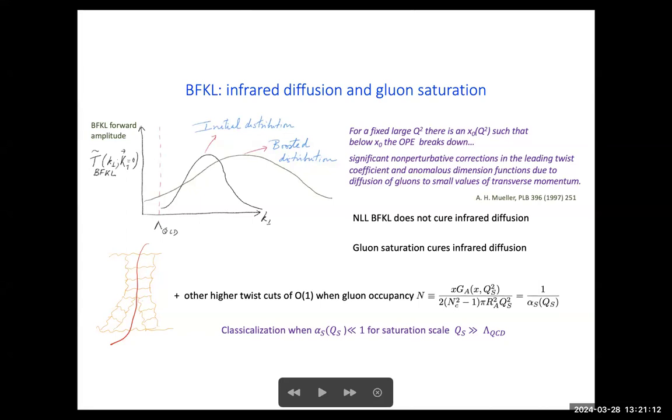But because you're also doing resummations at each order, you find very high occupancies, which give you an occupancy which is order 1/alpha. So what this tells you is that there's an emergent scale in the theory, okay?